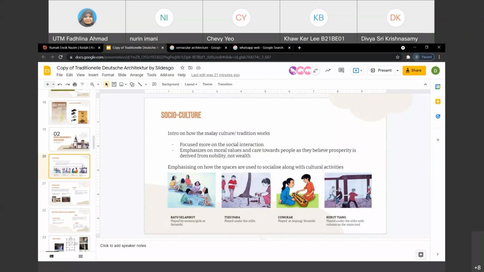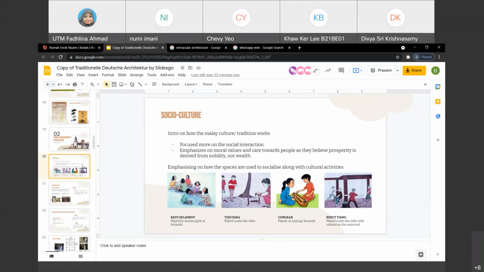This Malay culture, Rumah Encik Nazim's house especially, is more focused on social interaction. It also emphasizes moral values and care towards people, as they believe prosperity is derived from nobility and not wealth. So they care about their social lifestyle instead of being wealthy.